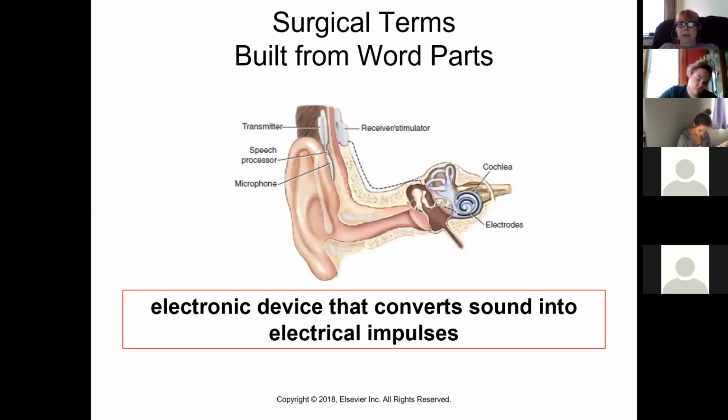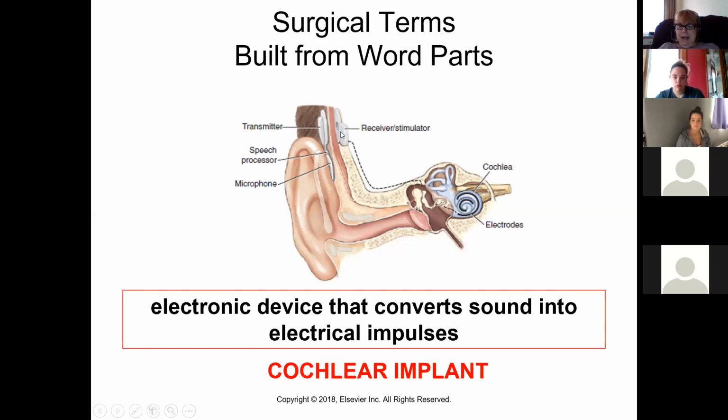Okay, so an electronic device that converts sound into electrical impulses is a cochlear implant. And this is implanted right above the outside ear, okay? Part of it is on the outside, part of it is on the inside. And all it does is it kind of bypasses the bones, and it magnifies the electrical impulses and allows people to hear.